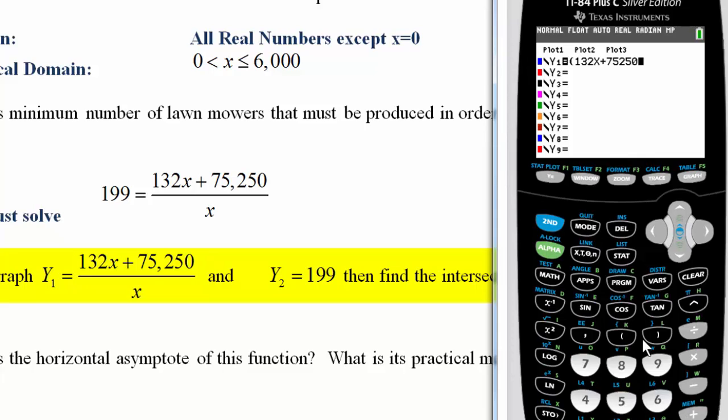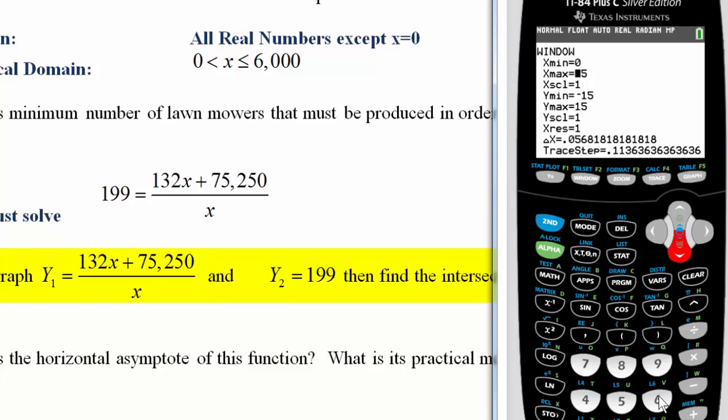So there's my numerator. And we need to divide this by X, right? And then Y2 is going to be the 199. And then we need a window. So again, remember we said our domain could be from 0 to 6,000. We'll see how good this looks.